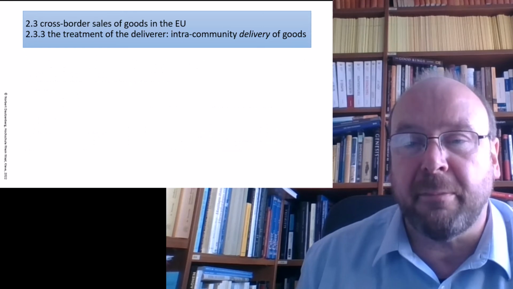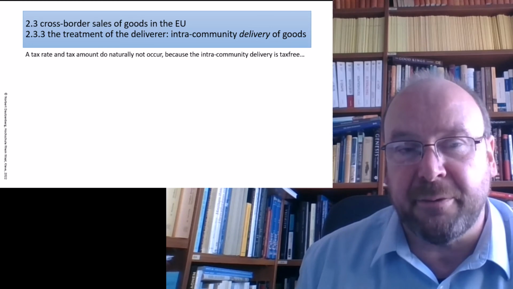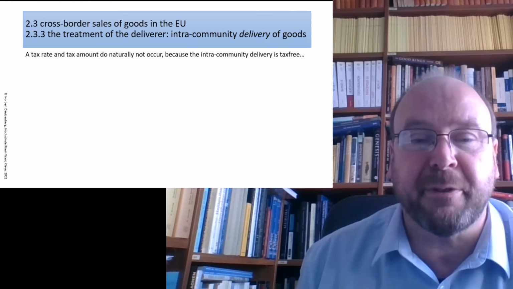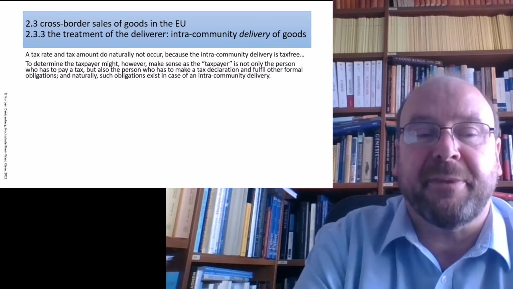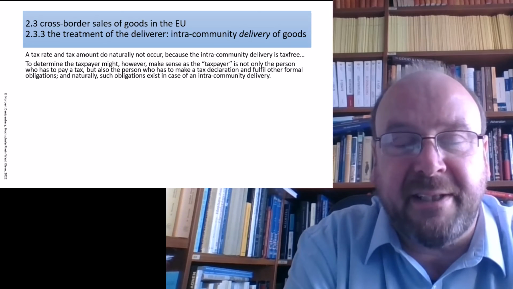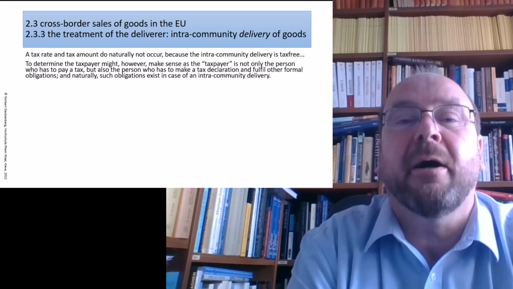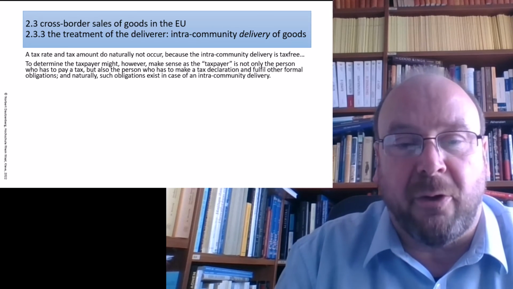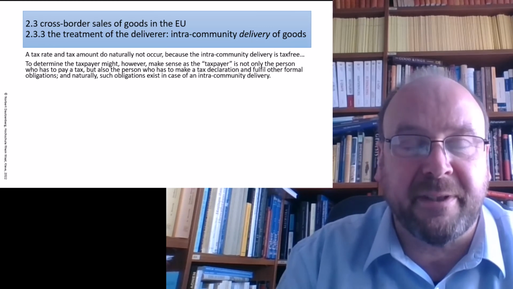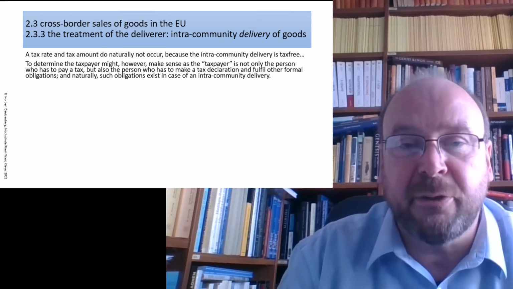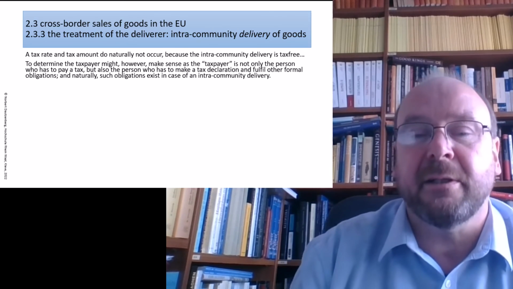So nothing really special. A tax rate and a tax amount do naturally not occur for the delivery because the intra-community delivery is tax-free. It might, however, make sense to determine who is the taxpayer, in the sense of who has to deliver the duties under the law, because you need to determine who has to hand in the tax declaration on the tax-free delivery, who has to make the recapitulative statement, and all the rest.